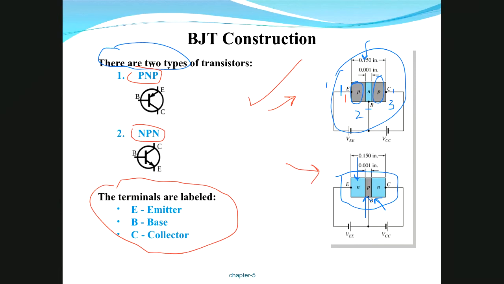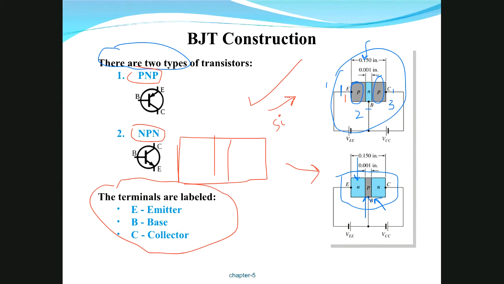Now, how it is designed: if you understood a p-n junction diode, you can understand it in an easy way. We take a pure semiconductor. It will be silicon or germanium, but most of the time we prefer silicon because of its advantages over germanium. Now we do doping. You know what is doping?